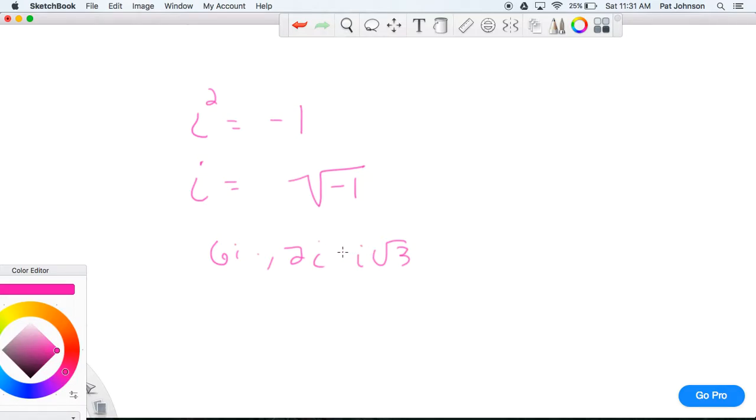So for any positive real number b, we can say the square root of negative b equals the square root of b times the square root of negative 1, which equals the square root of b times i, so we can say it's bi.